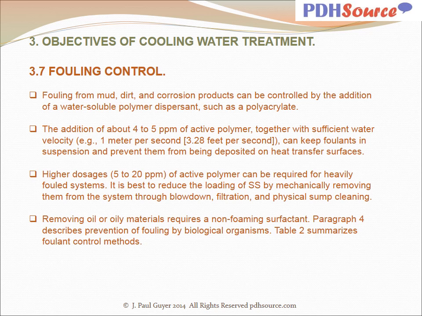Higher dosages in the range of 5 to 20 parts per million of active polymer can be required for heavily fouled systems. It's best to reduce the loading of suspended solids by mechanically removing them from the system through blowdown filtration and physical sump cleaning. Removing oil or oily materials requires a non-foaming surfactant.